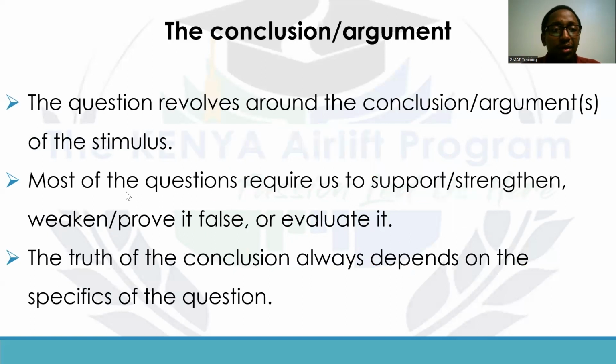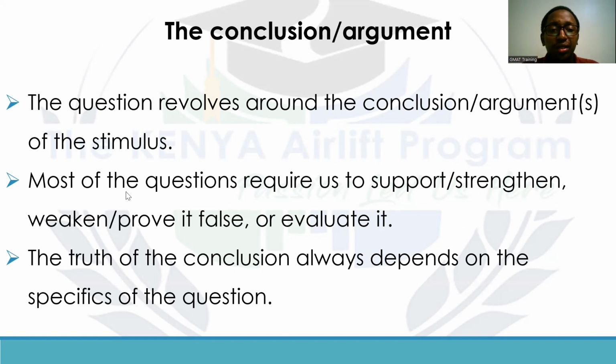So we've been talking about the conclusion. If our question has a conclusion or an argument, the question will always revolve around it. Most of the questions require us to either support or strengthen, weaken or prove it false, that is strengthen the argument and weaken the argument questions, or evaluate it.